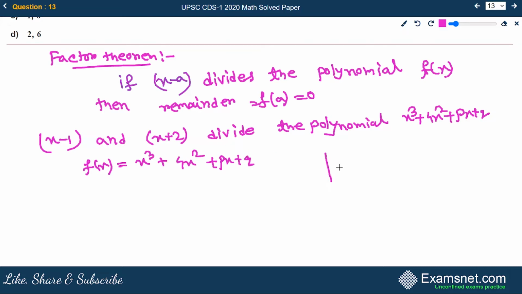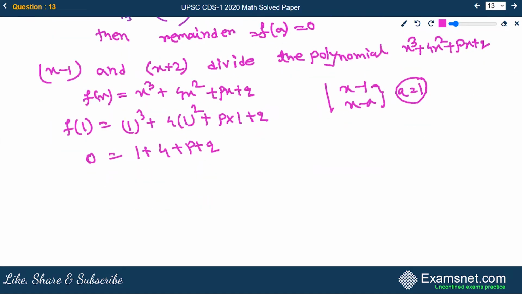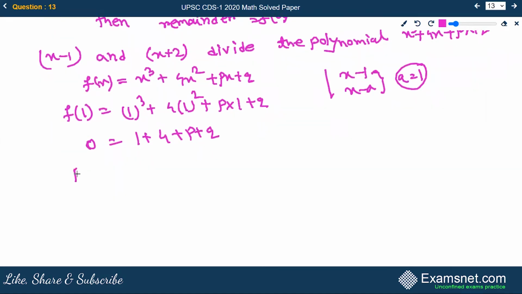Now if I compare x minus 1 with x minus a, we will get a equals to 1. Correct. That means we can find the value for f of 1, that is 1 whole cube plus 4 times 1 whole square plus p times 1 plus q, and f of 1 equals to 1 plus 4 plus p plus q, that would result in p plus q equals to minus 5.